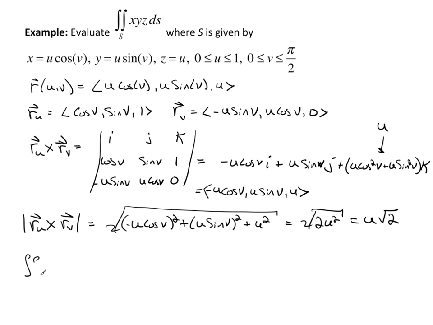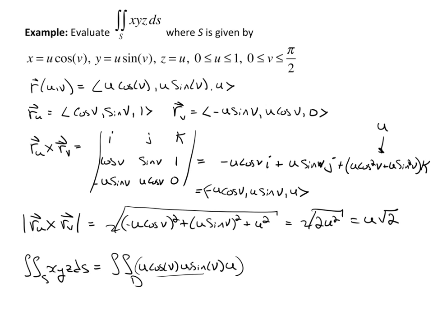So the double integral over the surface of xyz dS is equal to the double integral over the parameter domain of f of this guy. So that's just going to be u cosine v times u sine v times u.